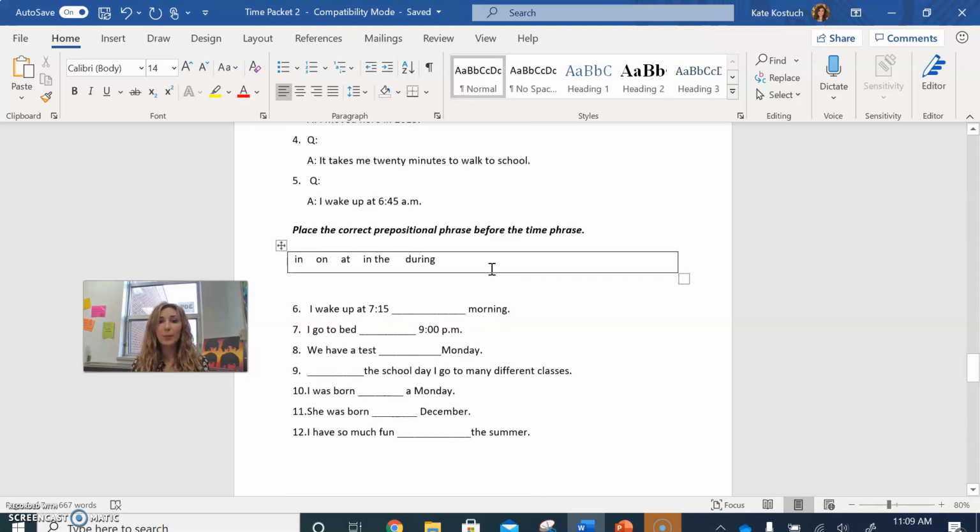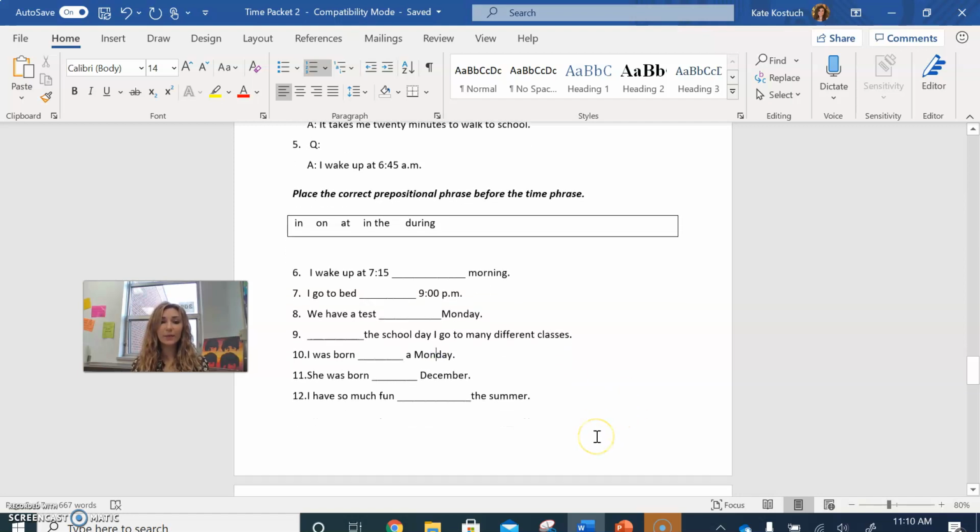Then place the correct prepositional phrase before the time phrase. I wake up at 7:15 blank the morning. I go to bed blank 9 o'clock p.m. We have a test blank Monday. Blank the school day, I go to many different classes.